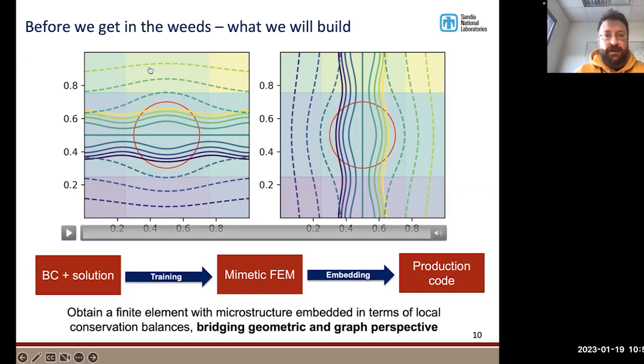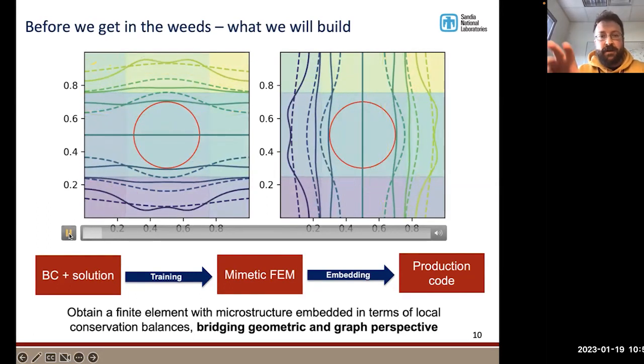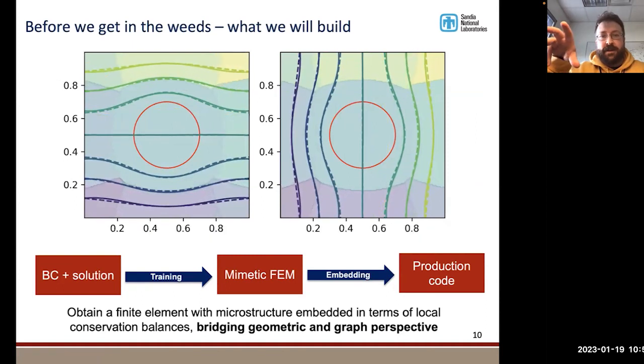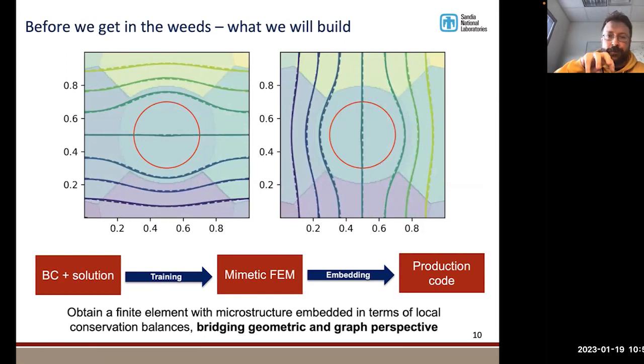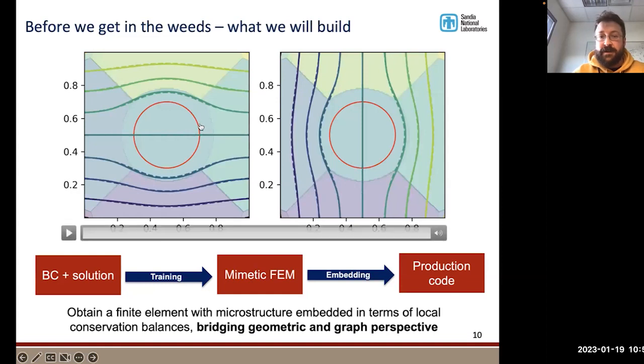And so you can see it here, the data is the dashed lines, these are streamlines, and the learned model is the solid lines. What you can see in the background are these subdomains that are evolving. So each one of these colors is a different control volume. And so what we're ending up with at the end of training this model is something that optimally reproduces this data, but it expresses that in terms of fluxes, right? So you can see this circular control volume in the middle.